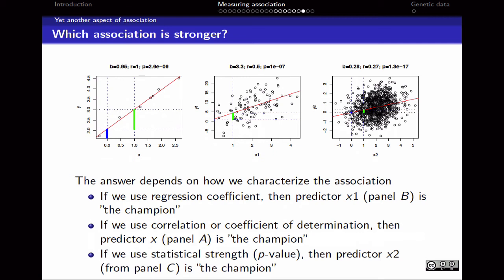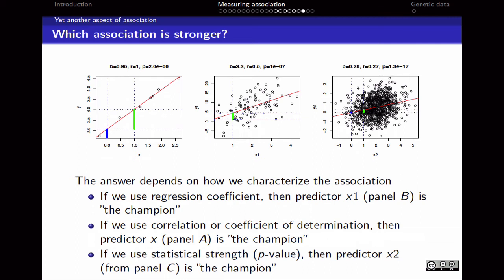So if we go back to our data and try to answer where association is stronger, this is really a very poorly defined question, because you can measure association in many different ways. If you use regression coefficient, then panel B is the champion, because as x1 changes, y1 changes a lot, by 3.3.